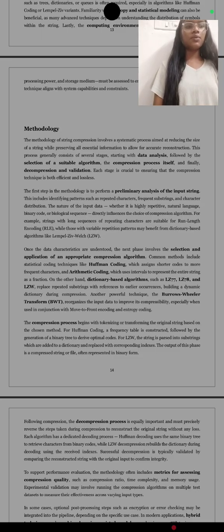Another powerful technique, the Burrows-Wheeler transform, reorganizes the input data to improve compressibility, especially when used in conjunction with move-to-front encoding and entropy coding. The compression process begins with tokenizing or transforming the original string based on the chosen method.